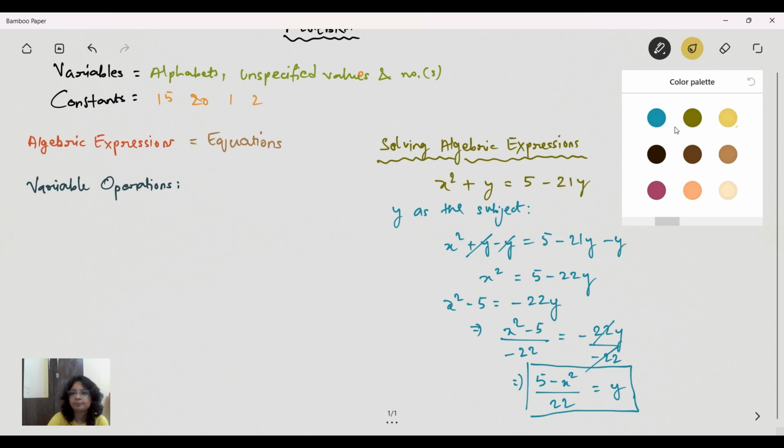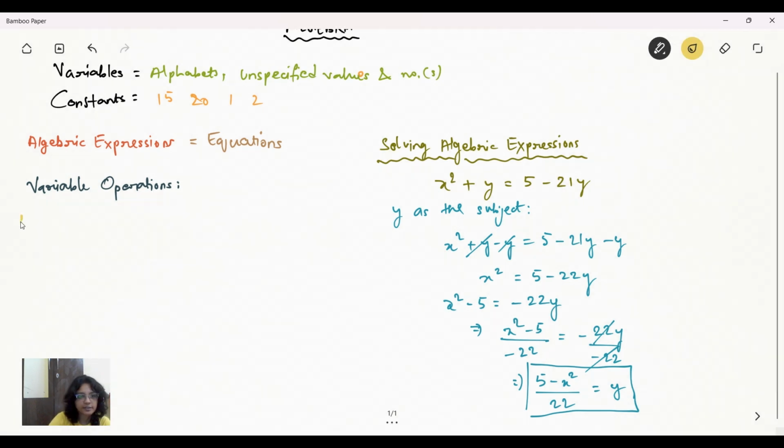First, addition. Secondly, you have subtraction. You can go for multiplication, or you can go for division.